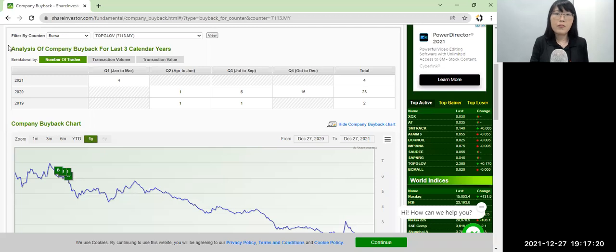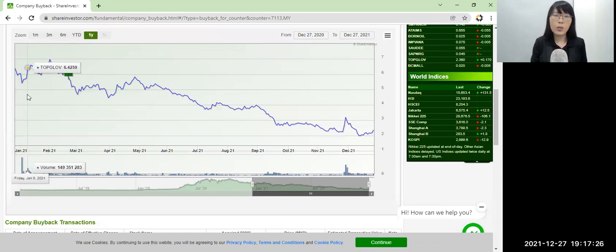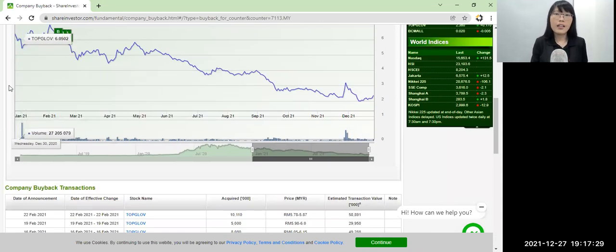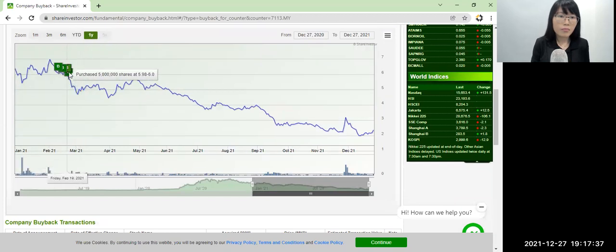If you look at the share buyback chart, you can see that the company has done some share buyback here. You can see that Top Glove has purchased 601,000 shares at 6 ringgit and 15 cents on 10th of February 2021.